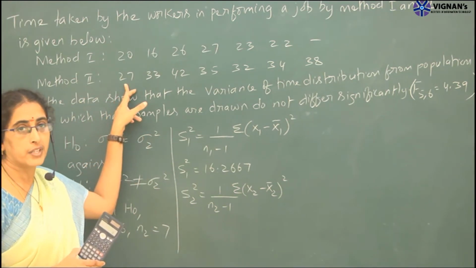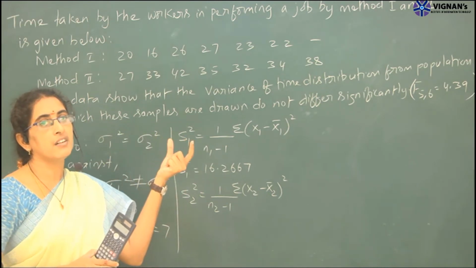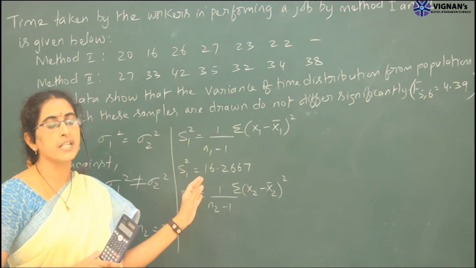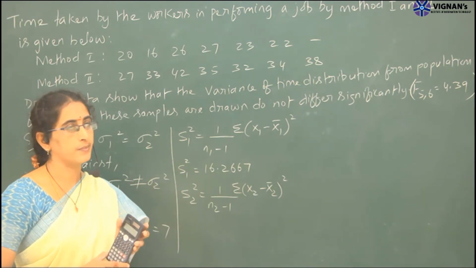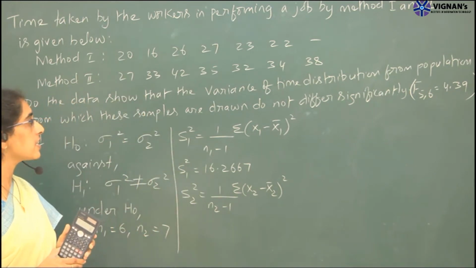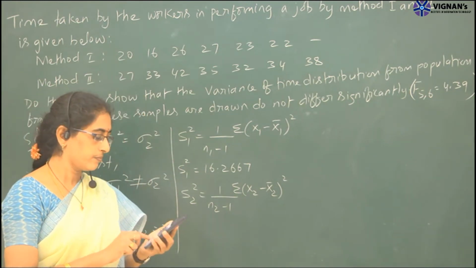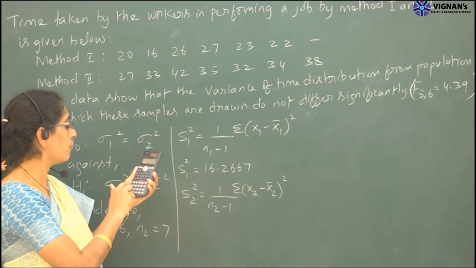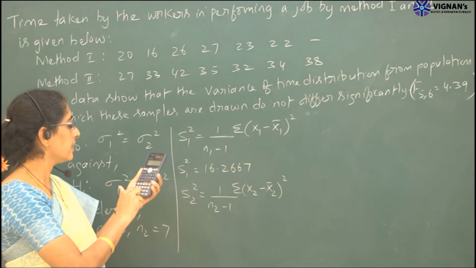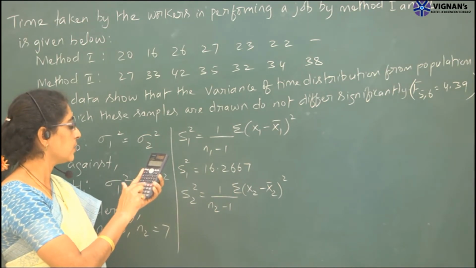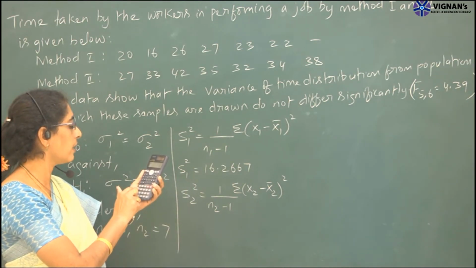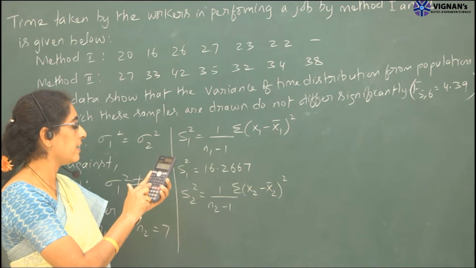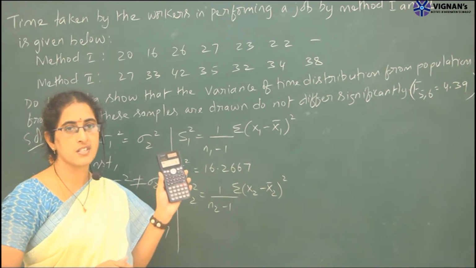So after the calculation for method 1 is completed, you have to erase the data. Now see method 2, the first observation is 27: 27 M plus, then 33 M plus, 42 M plus, 35 M plus, 32 M plus, 34 M plus and 38 M plus. So all the 7 observations are stored.